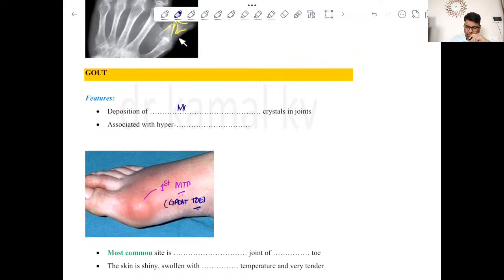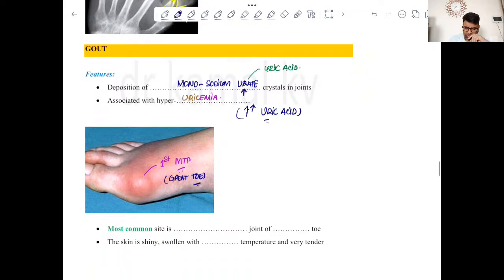And there is deposition of monosodium urate crystals, because urate is uric acid, and in this condition there is hyperuricemia, right? Emia means in blood, uric is uric acid. So there is raised uric acid level in blood. Therefore we will see the monosodium urate crystals in joint.